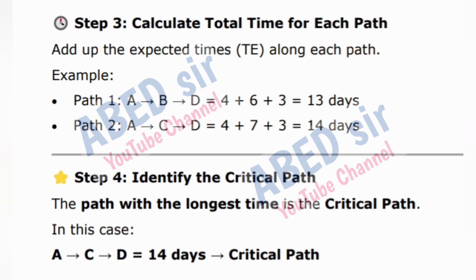Path 1, ABD is equal to 4 plus 6 plus 3 equals 13 days. Path 2, ACD is equal to 4 plus 7 plus 3 equals 14 days. Step 4. Identify the critical path. The path with the longest time is the critical path. In this case, ACD is equal to 14 days, the critical path.